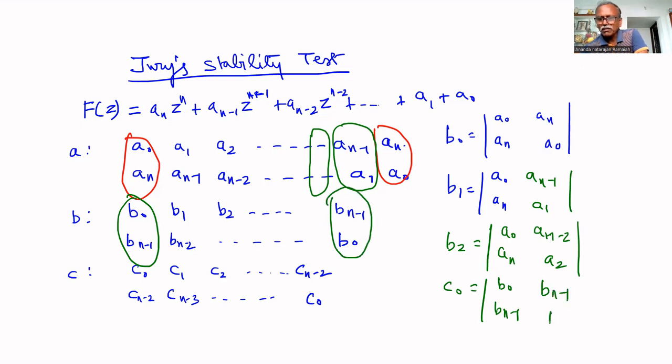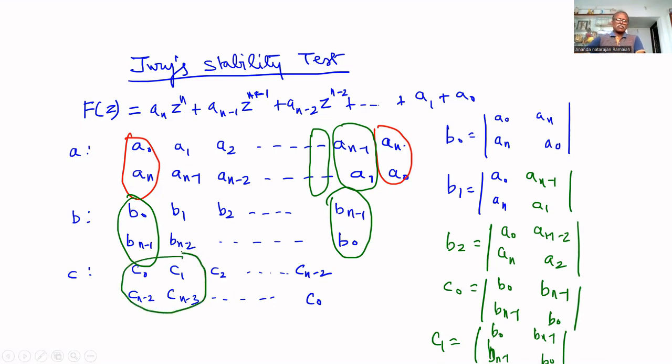And C1 is found the same way, with no change in the first column: B0, Bn minus 2 and Bn minus 1, B1. Like that we proceed till only 2 elements are in the last row. Then we test for the stability.